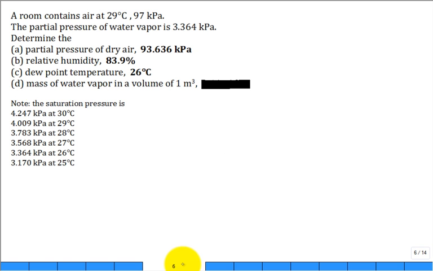More liquid's going to condense in the bottom of the container. All right. Calculate the mass of water vapor if you had a volume of 1 cubic meter. Give me the equation for that. If you have a calculator, you can run it, but I'm more interested in the equation. Well, what equation would you provide to calculate the mass of water vapor in 1 cubic meter volume of that moist air?